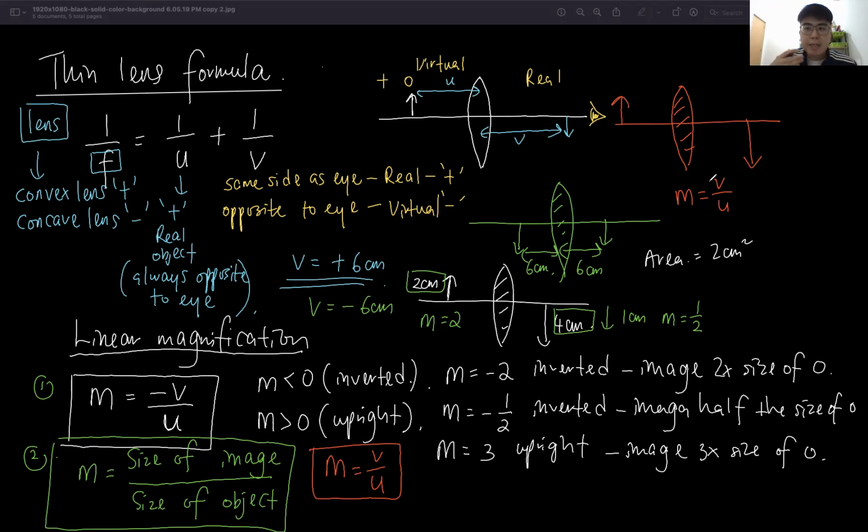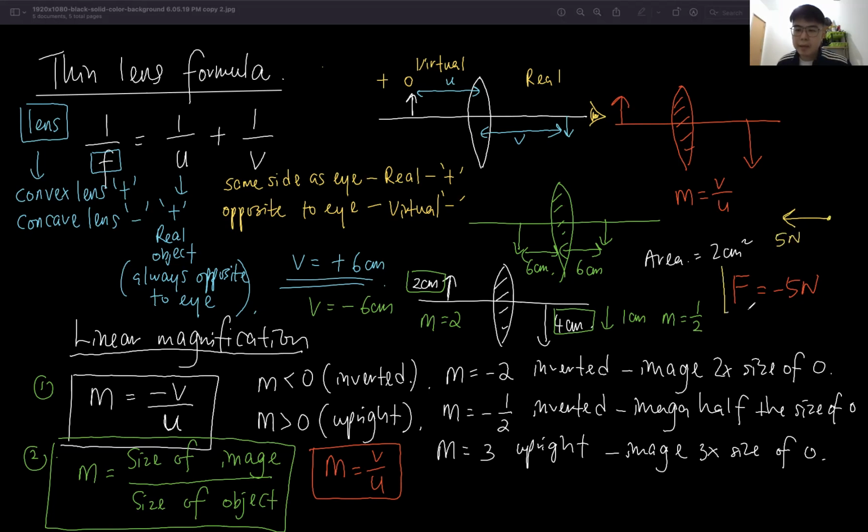But the general formula of magnification has a negative. So let's say you're not drawing any diagram. You don't know whether the image is upright or inverted, so you have to use the negative. This negative will tell you whether it's inverted or upright. It's similar to an example for force. If I write force equals -5 Newton, you can already imagine that this force is pointing to the left, 5 Newton.